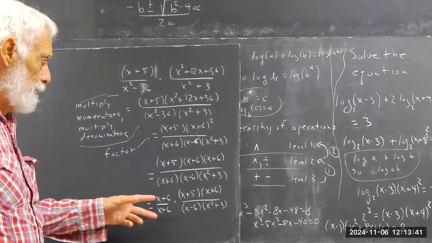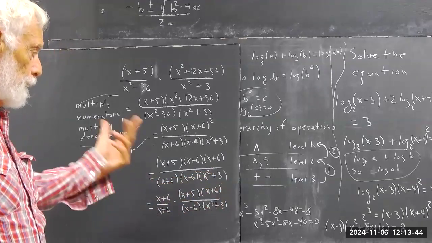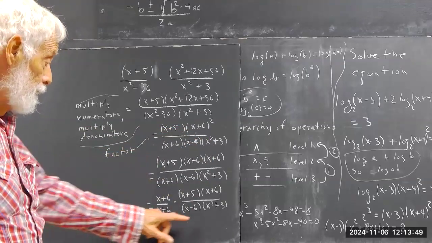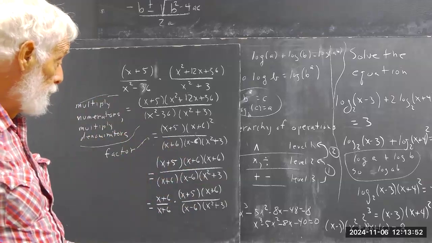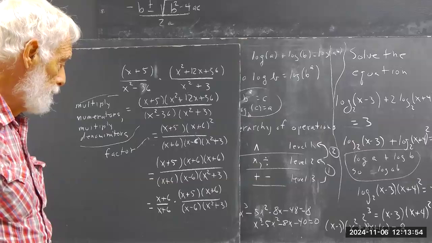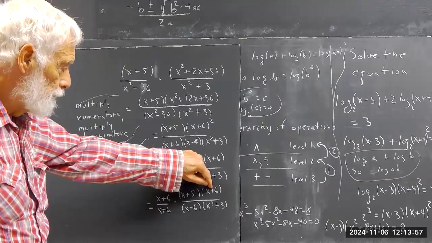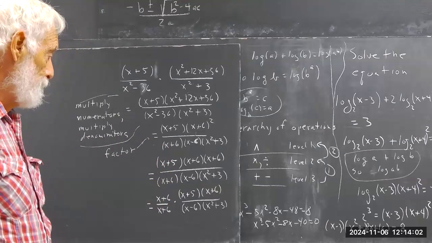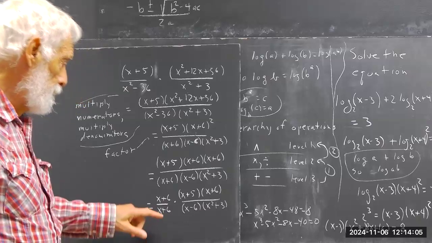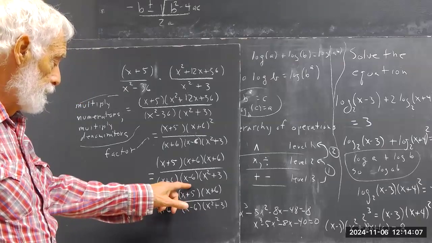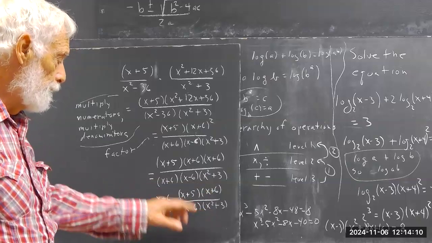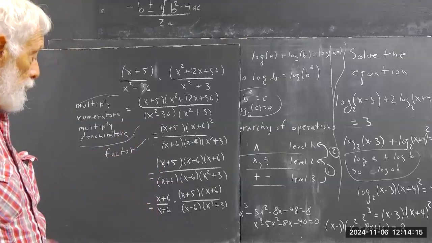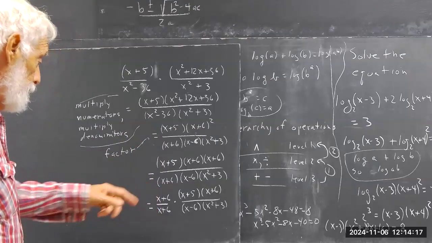We can verify that what I have here, if I multiply it out, gives me the numerator, and it gives me the denominator because everything is still there. If I multiply these out, I've still got x plus 6 twice, just like I have here, and I've still got x plus 5. And if I multiply the denominators, I've got x plus 6 and x minus 6, there they are, and x squared plus 3. So everything is accounted for, everything is there. I've just written this so that I know I can divide this into this.